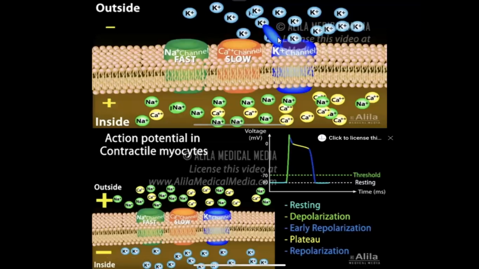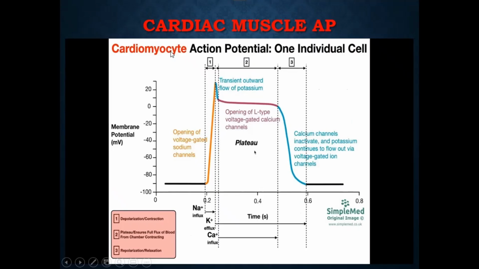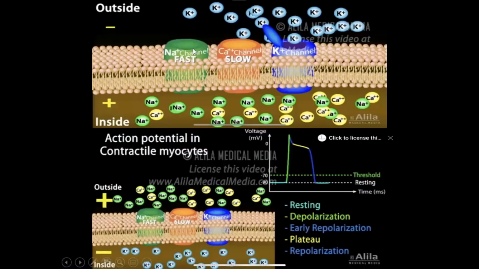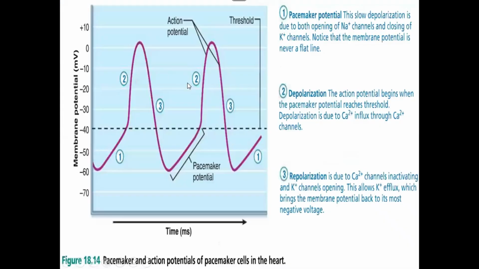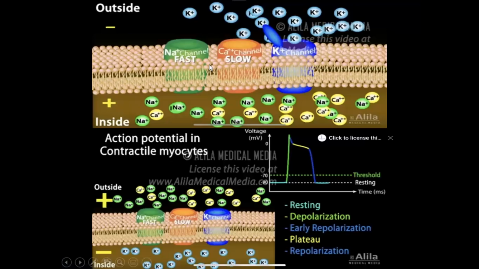So we look at it here. This is the pacemaker potential, SAN. This is the ventricle muscle, cardiac myocyte. It involves a fast sodium channel, whereas here is just the funny sodium channel. Here it's called the fast sodium channel, slow calcium channel, and slow potassium channel. So what happens here? In the initial part, here is your fast sodium channel.